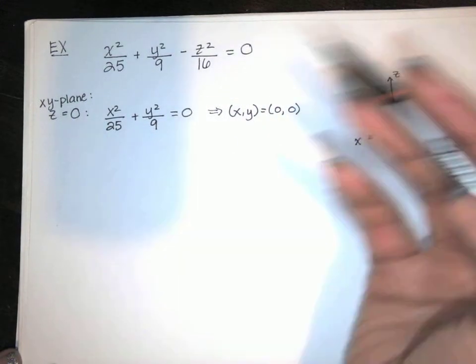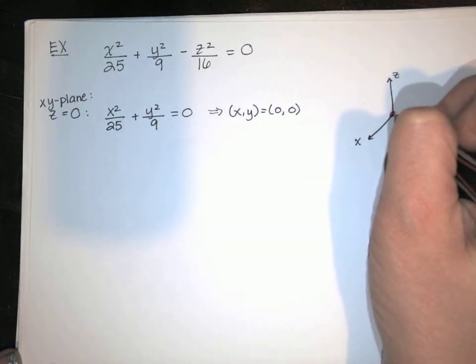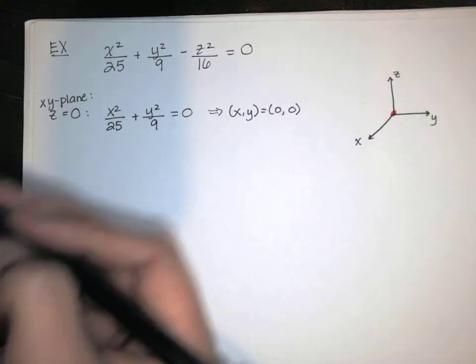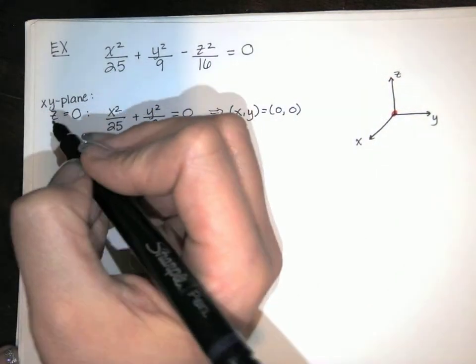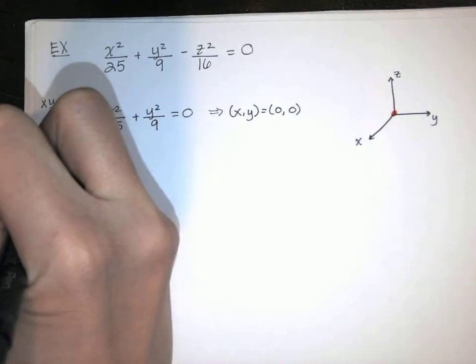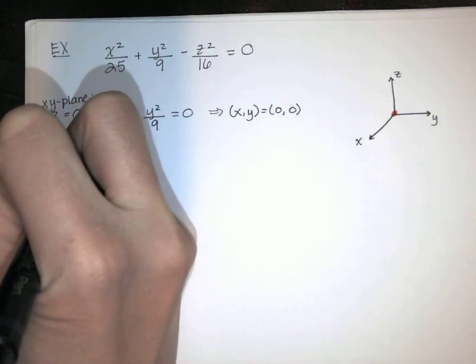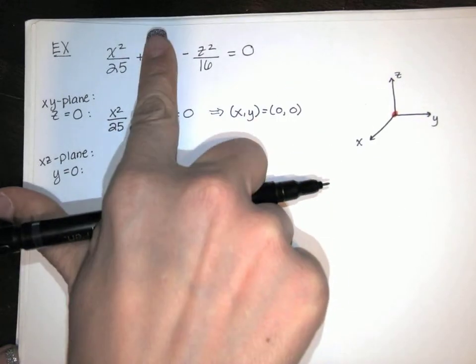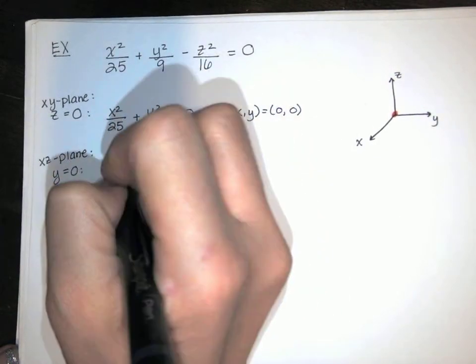X and y are both 0, and z equals 0. So we're right there. That's the trace. That's all we get. Now let's see what happens if y equals 0. That would mean we're in the xz plane. If y equals 0, we get that.